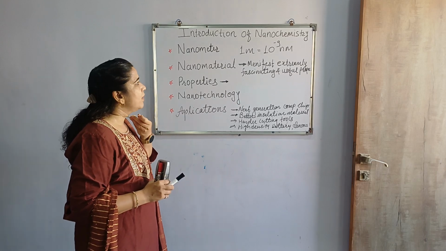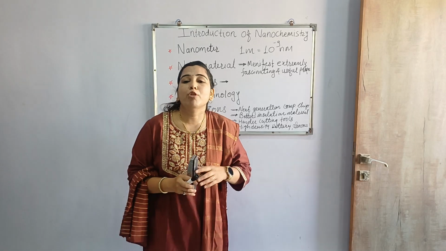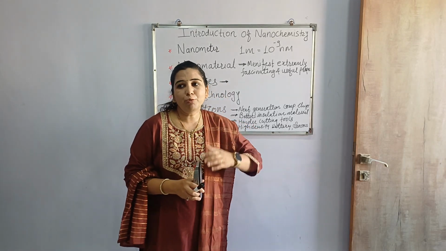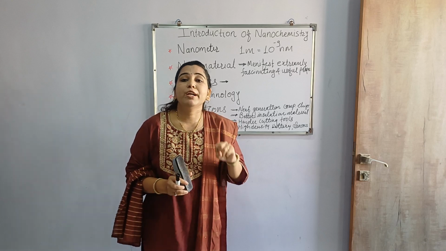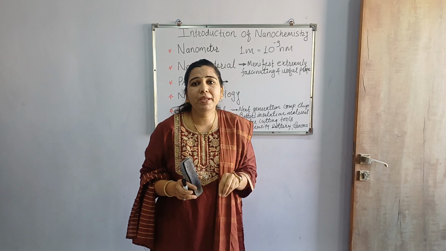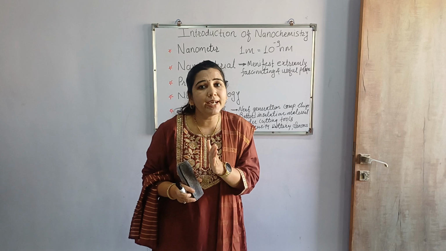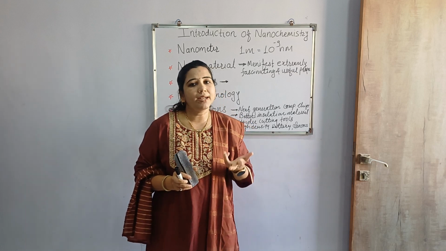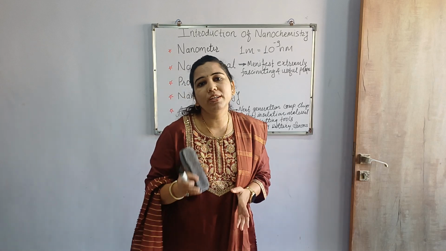Then after that, we have to see just one example. If we are going through the street or a particular place where bakery products are produced, we can get the smell of those products. How does that happen? Because different particles of the bakery products may be in the nanometer scale, that means from 1 to 100 nanometers. Those particles do not have very much density, so they remain wandering in the air.